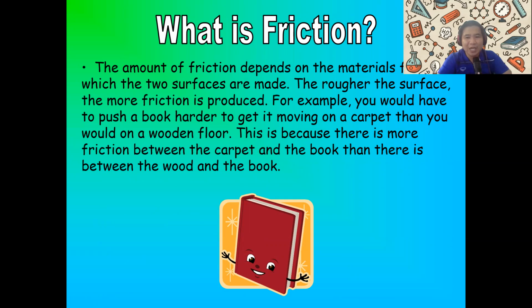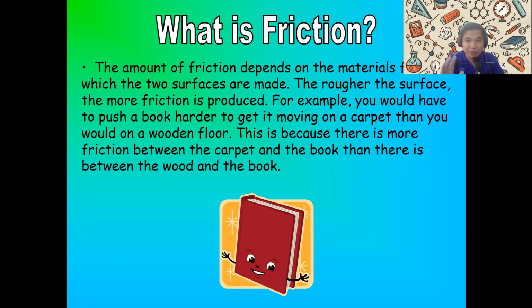For example, you would have to push a book harder to get it sliding on a carpet than you would on a wooden floor, because the carpet has a lot more rough surface to it compared to a wooden floor.